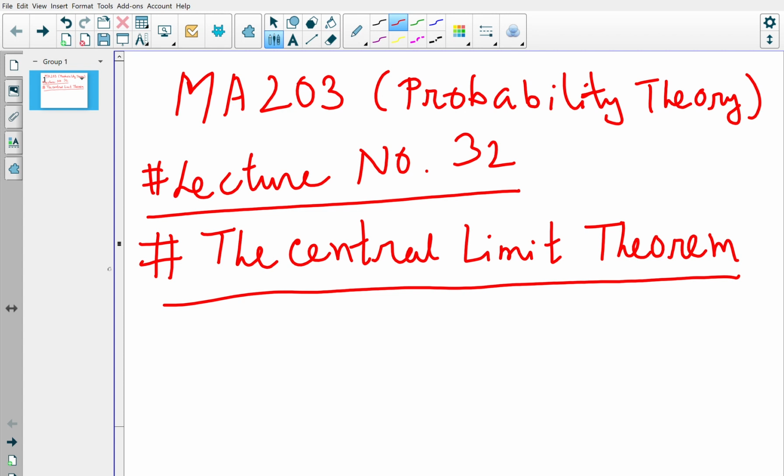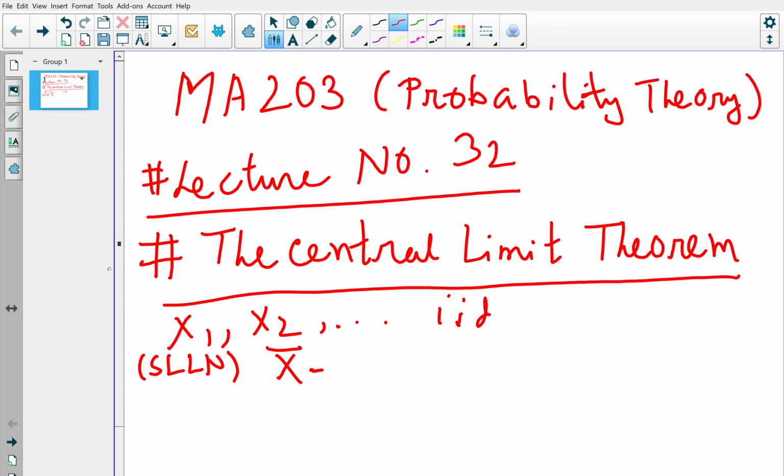So you have these IIDs x1, x2, and then we proved that the sample mean x bar converges to mu almost surely.